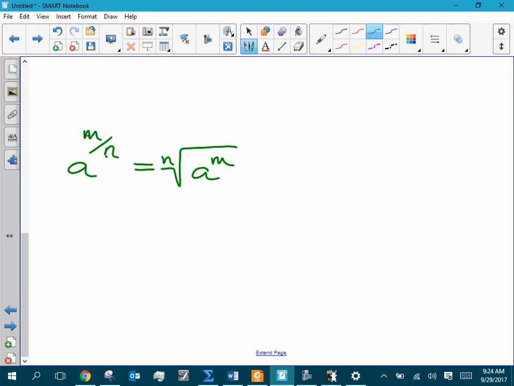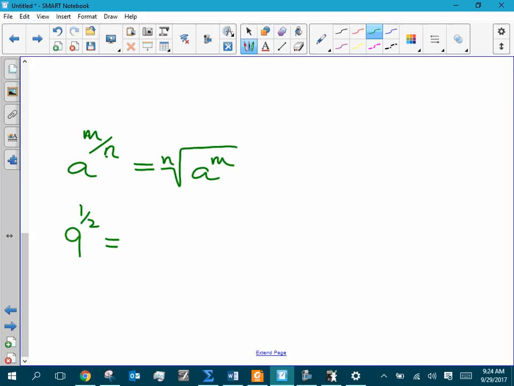Now, I don't really remember it that way. I don't remember it as a raised to m over n equals the nth root of a to the m. I remember this: I know that if I had something like 9 raised to the 1/2, I know 9 raised to the 1/2 is equal to 3.